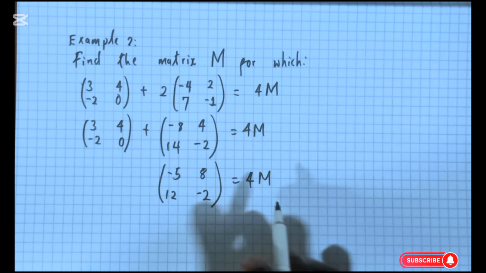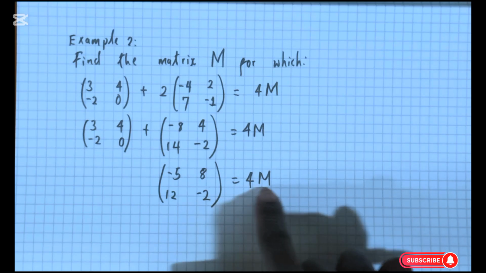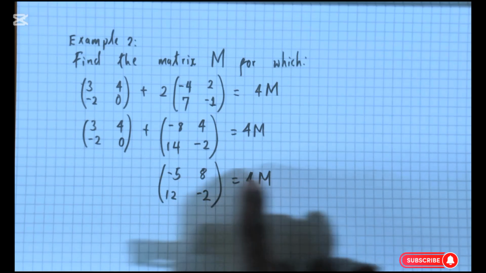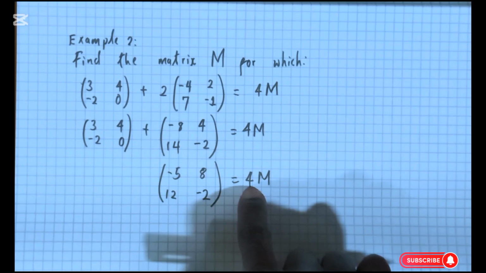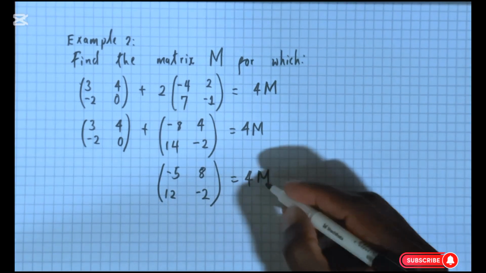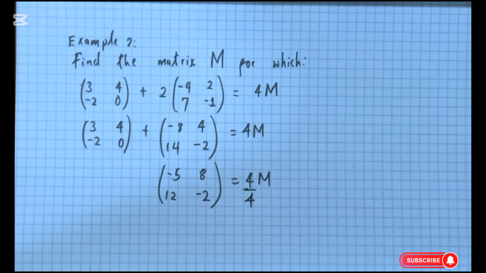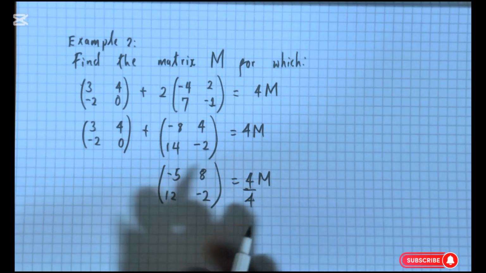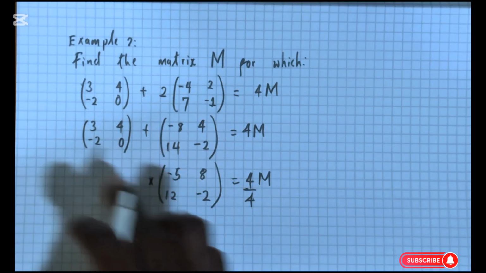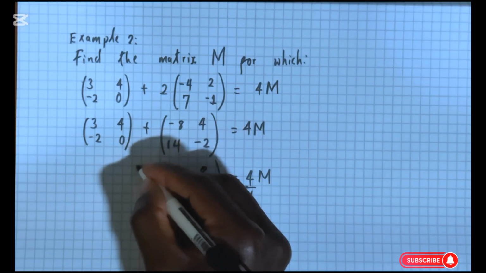So for us to find the value of matrix M, we are going to divide both the left and the right hand side by the scalar 4. In the spirit of doing so, we are going to multiply both sides by 1/4.